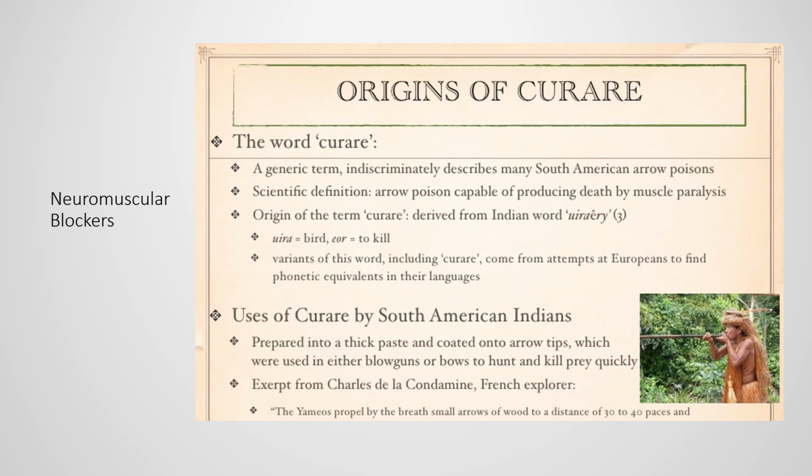But now we're going to talk about the neuromuscular junction in terms of paralyzing someone, which sounds a bit strange. Like, why would we want to paralyze someone? But we do, and it's happening in hospitals all the time, every day, that we want to paralyze them.